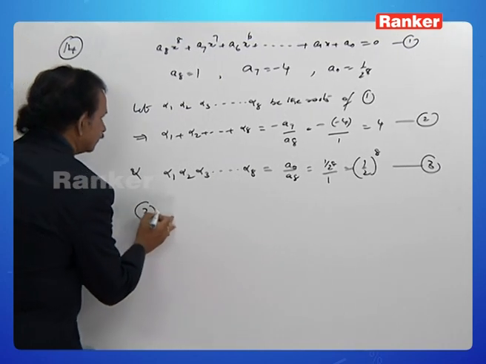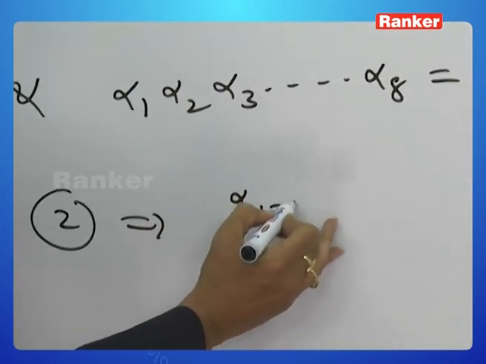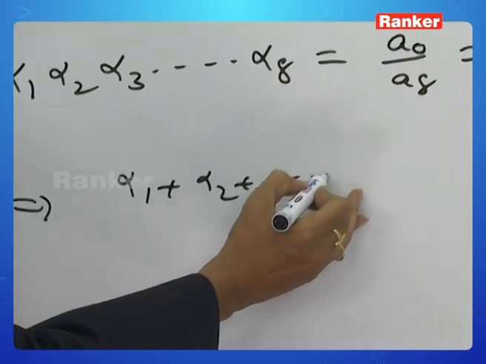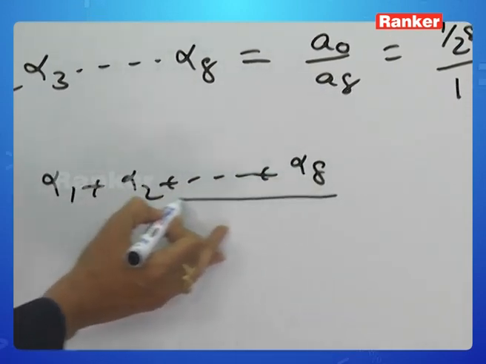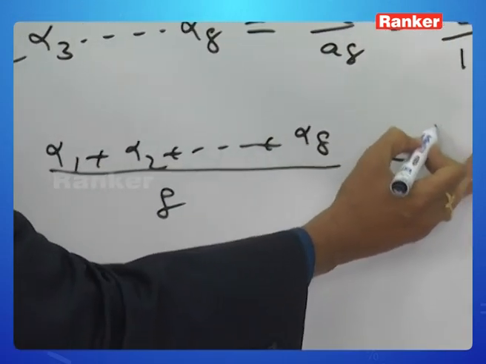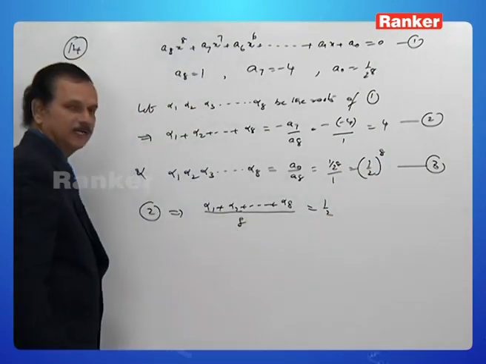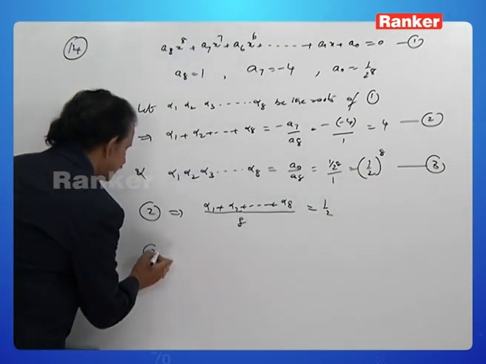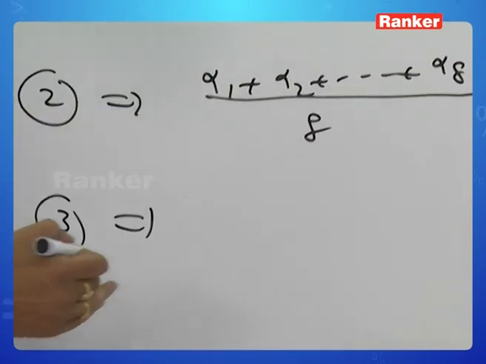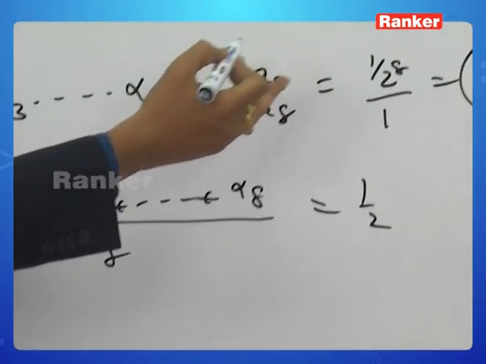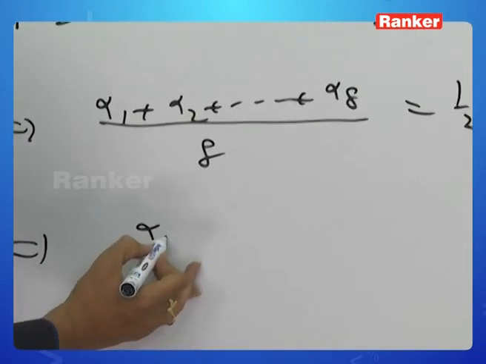Equation 2 implies alpha 1 plus alpha 2 plus etc. alpha 8, by 8, is equal to 4 by 8, which is half. Equation 3 implies the third relation. From this, what can we have? We take 8th powers on both sides.